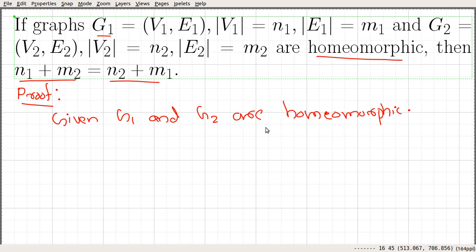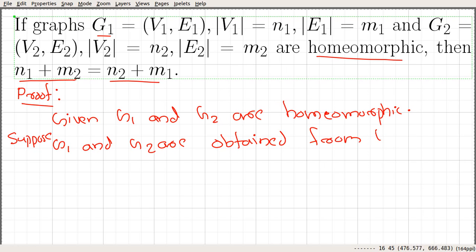By the definition of homeomorphic graphs, let us suppose that G1 and G2 are obtained from G by a sequence of elementary operations.